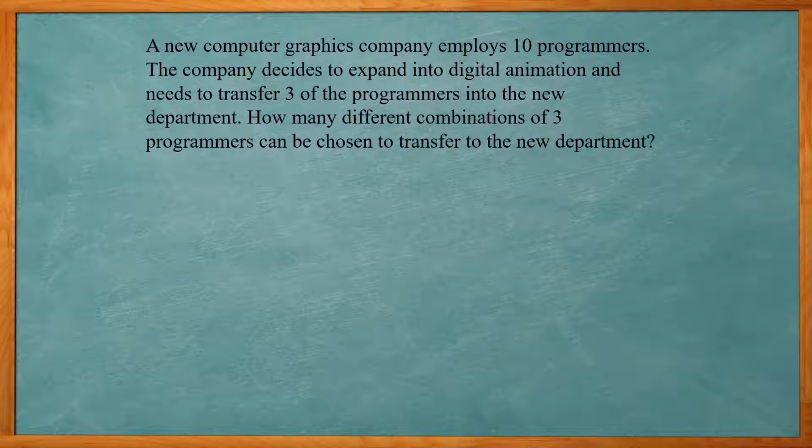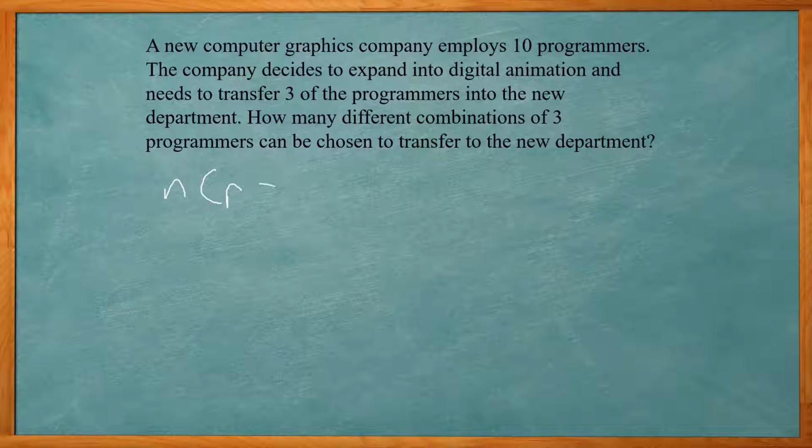All right, so this one deals with the combination formula. Now if we look at that, we have nCr. So here n is how many you can choose from, and r is how many that you need to choose.